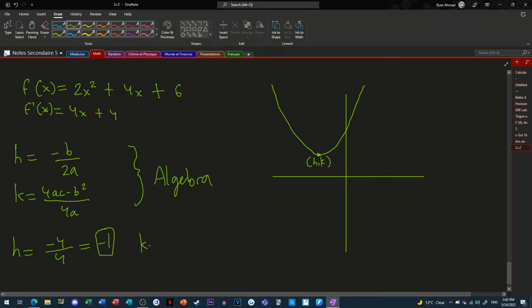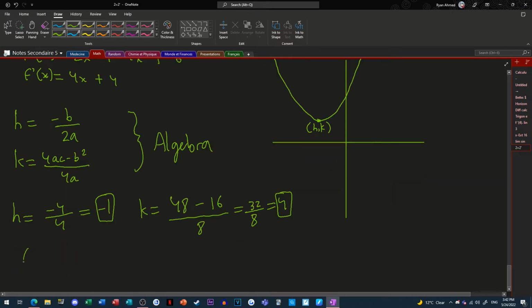And k would be 4 times a times c, which is 4 times 2 times 6, which is 48, minus b squared, which is 16, over 4 times a, which is 8. This is 32 over 8, which is 4. So that means that the vertex of the function is minus 1, 4.